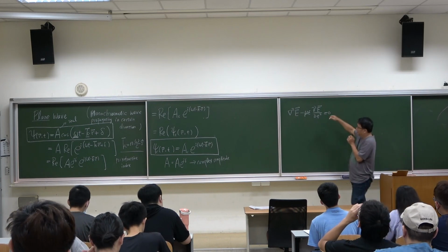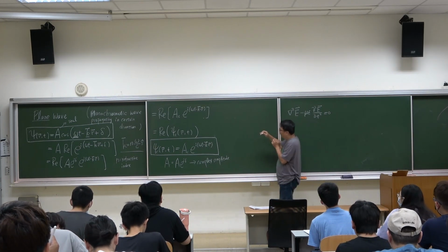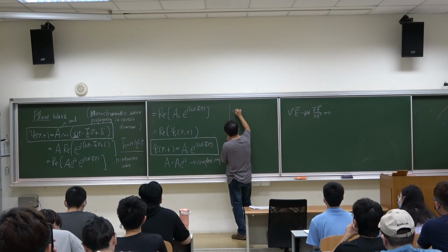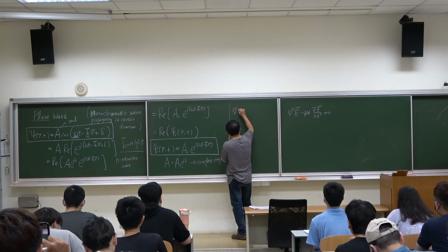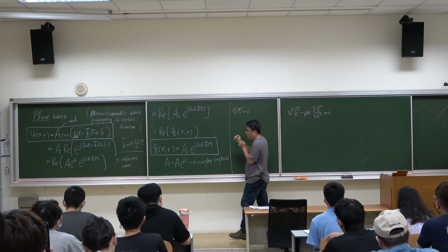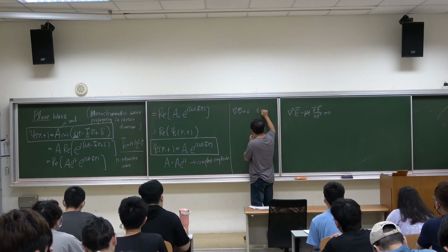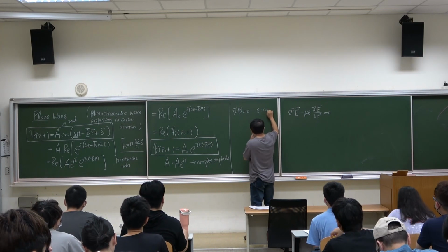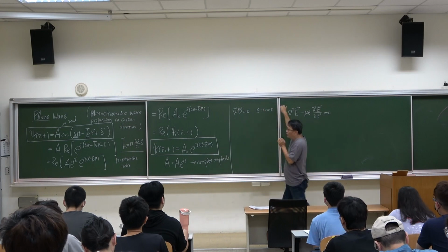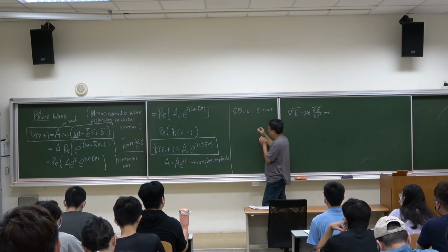This wave equation can be derived from Maxwell's equations by assuming that rho is equal to 0 and epsilon is constant through the whole medium.